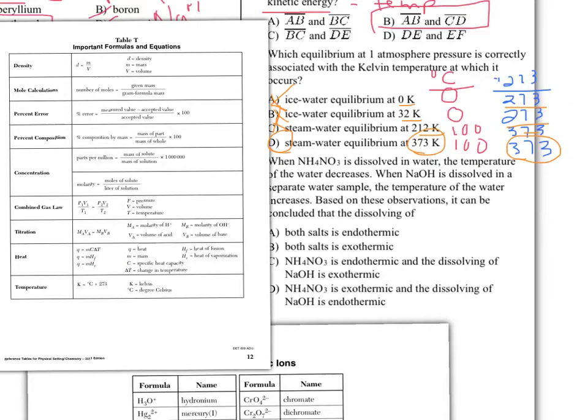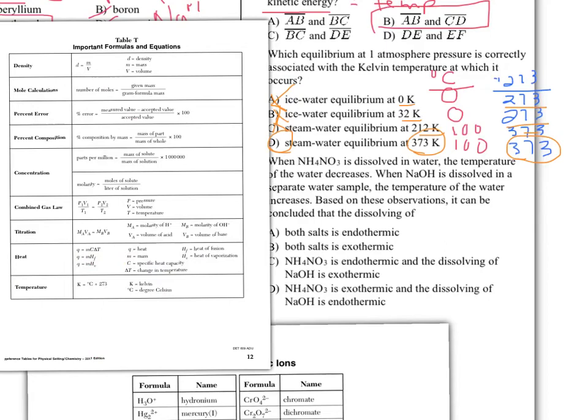The final question here, we are asked: when ammonium nitrate dissolves in water, the water temperature decreases. When sodium hydroxide dissolves in water, the water temperature increases. So they asked us to describe the dissolving of these substances in water. Now we can do this one of two ways.